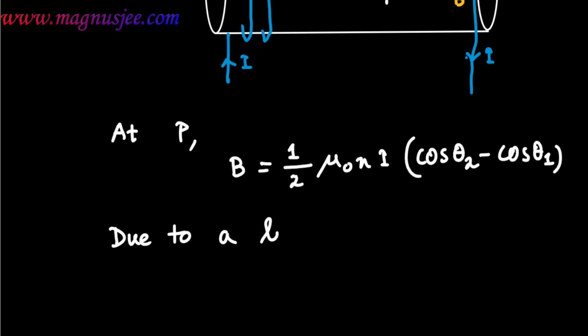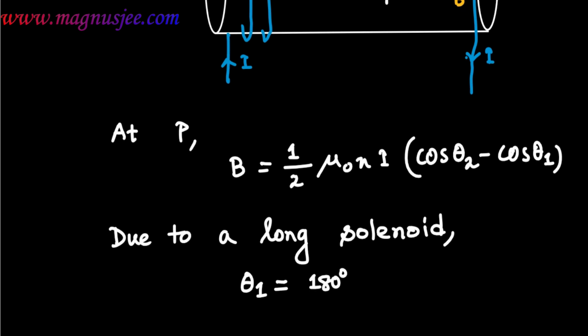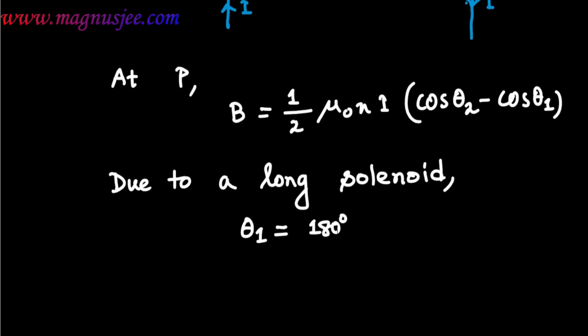But if the solenoid has infinite length, that means for a long solenoid, the ends x and y will be at infinity, and both the oblique distances xP and yP will be parallel to the axis.